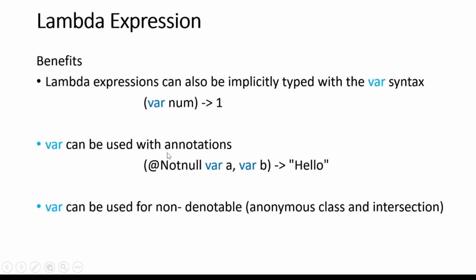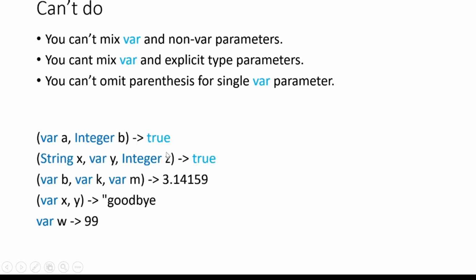Okay, and next, you cannot mix var and non-var parameters. You cannot mix var and explicit type parameters. You cannot omit parentheses for single var parameter. So the first example, we are mixing the var with non-var parameter.